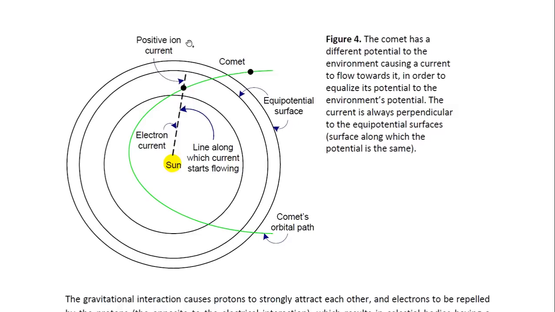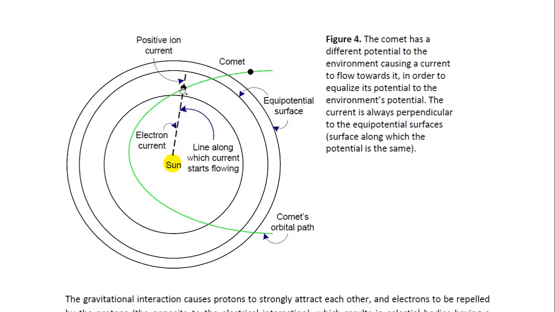A comet, it could be an object other than a comet, as long as it has an elongated orbit, will pass through different equipotential surfaces and draw a current. It draws a current of positive ions from the nearest ring behind it, and it draws a current of electrons from the Sun's corona.